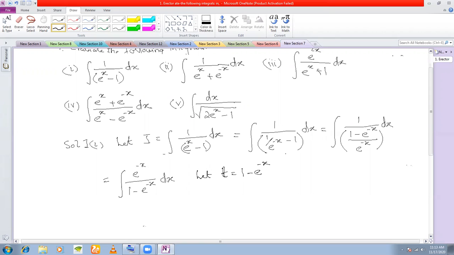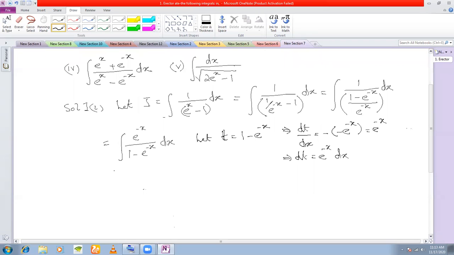If you differentiate, dt by dx, you're going to get minus of minus e to the power of minus x, which is e to the power of minus x. That means dt is equal to e to the power of minus x dx. So that makes our task easy. That is why I obtained e to the power of minus x in the numerator also, an exponential function in the numerator as well as in the denominator.